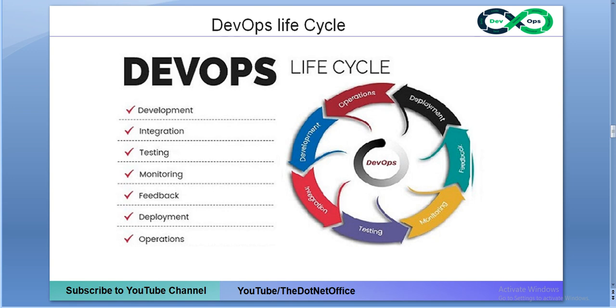So this is about the DevOps life cycle. To understand DevOps, it is essential to understand the stages of the DevOps life cycle. The continuous DevOps life cycle incorporates 7 stages, as we can see in the diagram.